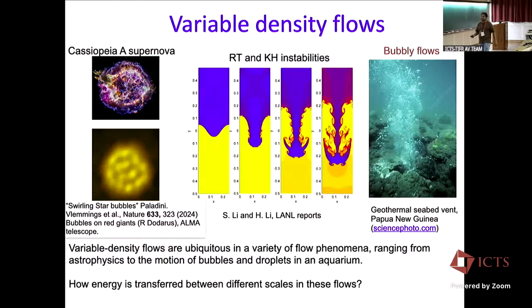These are giant stars, and they have a video which looks like bubbles just coming out of a red giant star. I don't know about the physics of it, so if you want to look at it, you can look at this recent Nature paper. Then of course there are the famous Rayleigh-Taylor and Kelvin-Helmholtz instabilities.